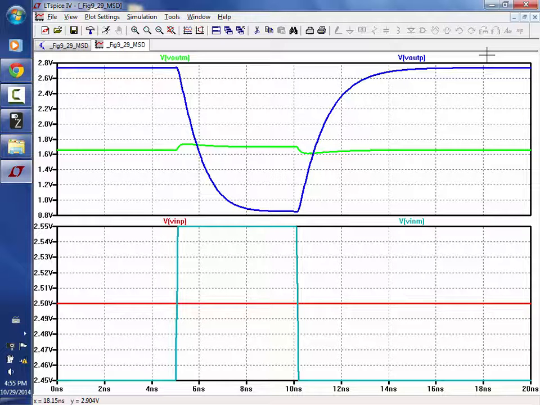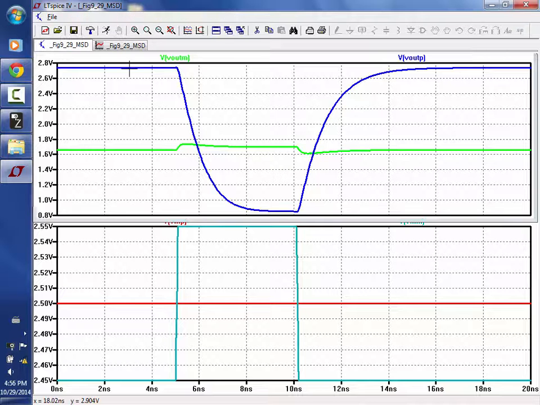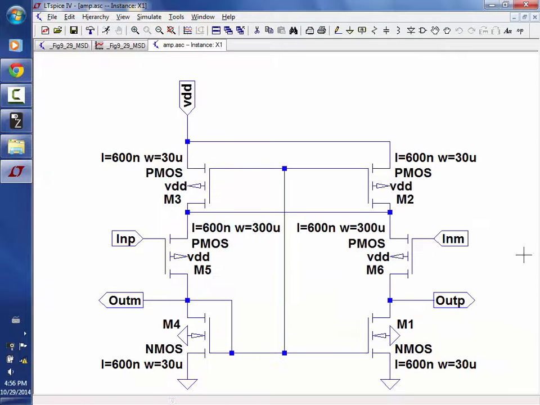You can try it. The problem is stability. If you cascade 2 diff amps, remember that's like a 2-stage op amp, and you need to start playing some games because it's impossible, the way the poles work out, to not get 180-degree phase shift and instability. So if you're going to use 2 cascades of these guys, then you've got to feed back from the output using pole splitting, a capacitor, and compensate it.